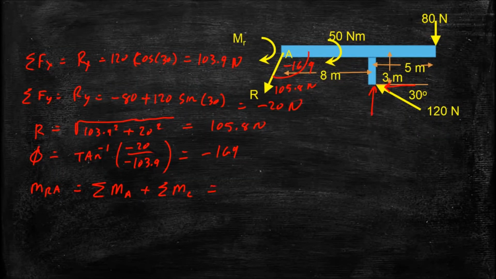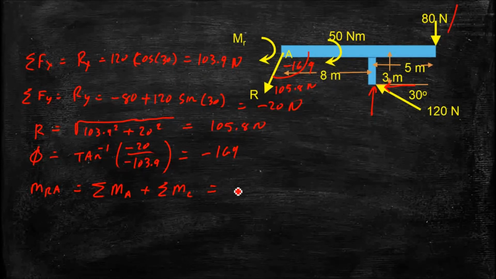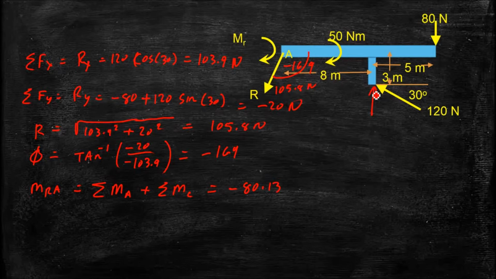Summing up my moments, I've got my 80 Newton force at 13 meters, and that's going to generate a clockwise moment, so that's negative 80 times 13. I've got the vertical component of the force here, and that's going to be counterclockwise, so that's positive 120 sine of 30 times the distance of 8 meters.